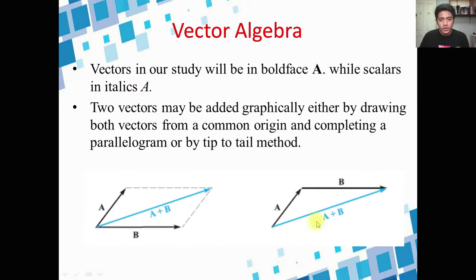We can also choose vector B as our first vector and then move vector A such that its tail is connected to the tip of vector B, and hence we still have the same vector A plus B. So in any way, we can always add them tip to tail or by the parallelogram method.